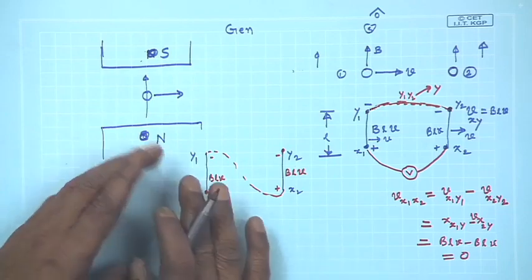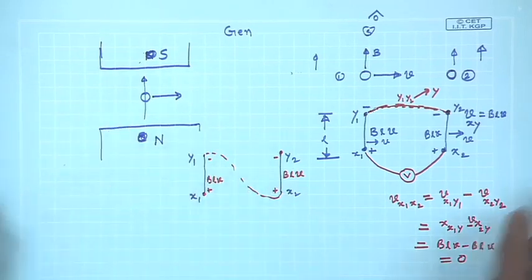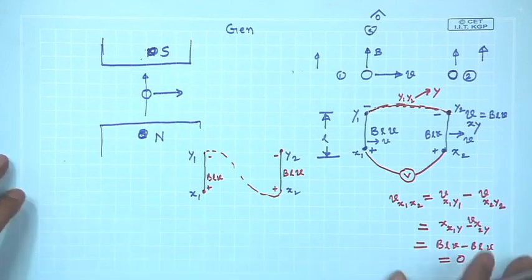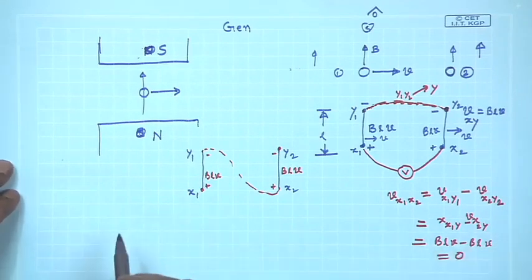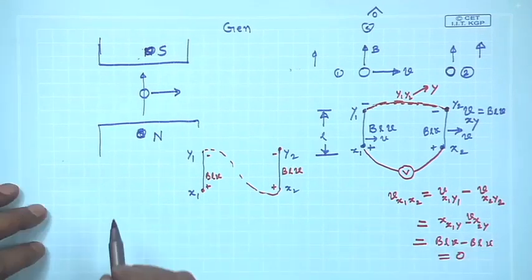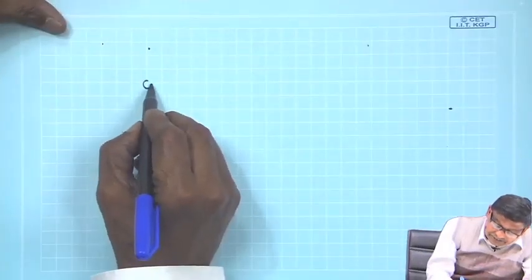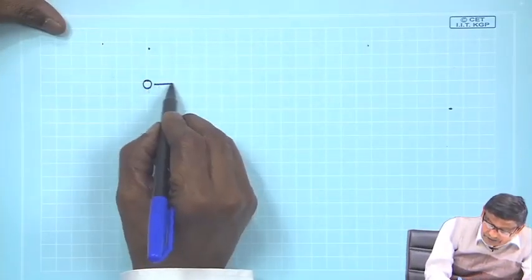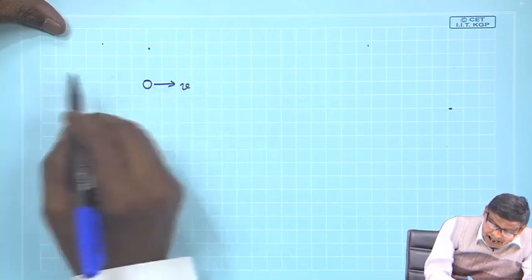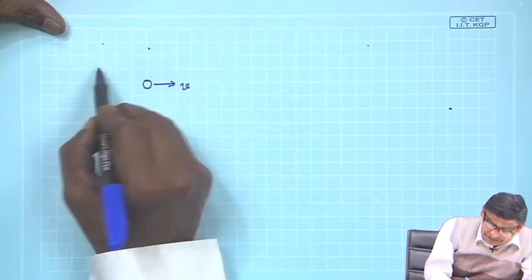Okay. So, this you just keep in mind and tell me that if I have a single conductor moving with a velocity v, and I will now draw something. Okay.